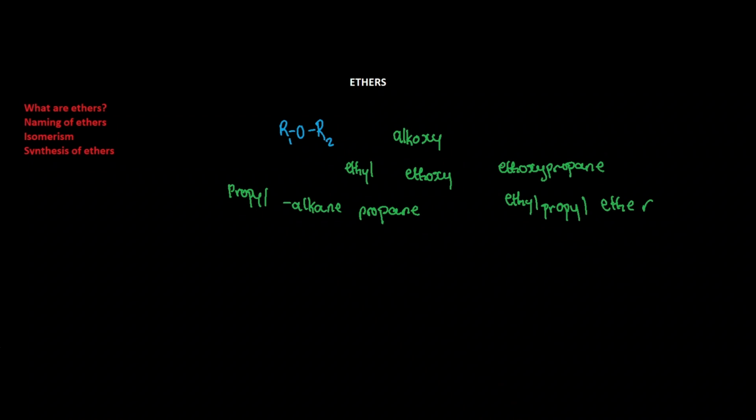Now, in a case where R1 and R2 are the same alkyl groups, take for instance, R1 and R2 are both methyl, then the compound would be named dimethyl ether, or in general, it would be named dialkyl ether.